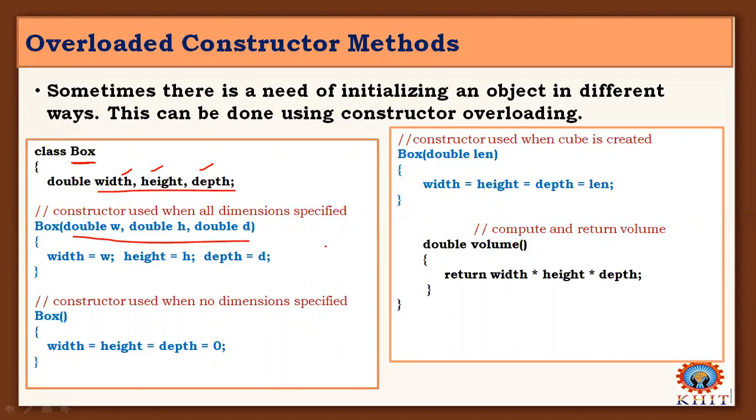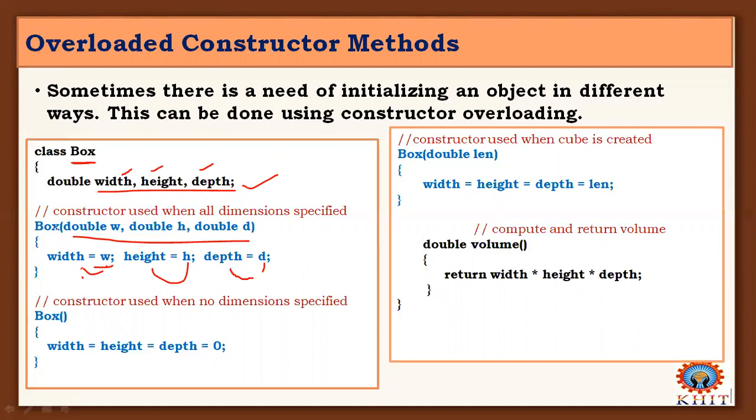This constructor initializes the instance variables of the class through the values it received when an object of this class is created, and those values are assigned to the instance variables of the class.